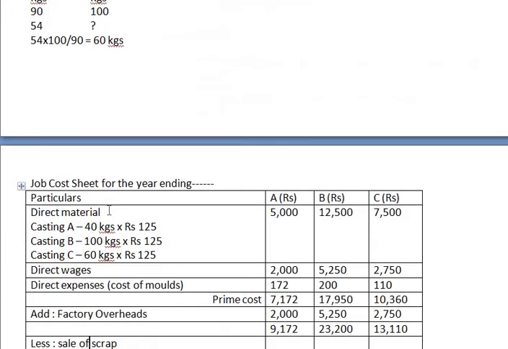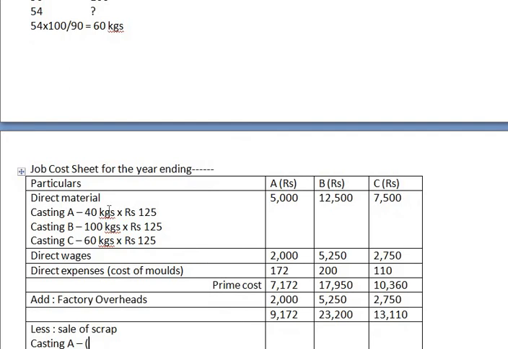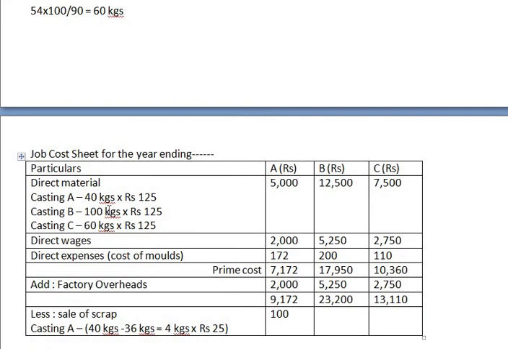So for casting A, 40 kgs minus 36 kgs, which equals 4 kgs, and 4 kgs is sold for 25 rupees. So here it is 100 rupees. Hope this is clear.